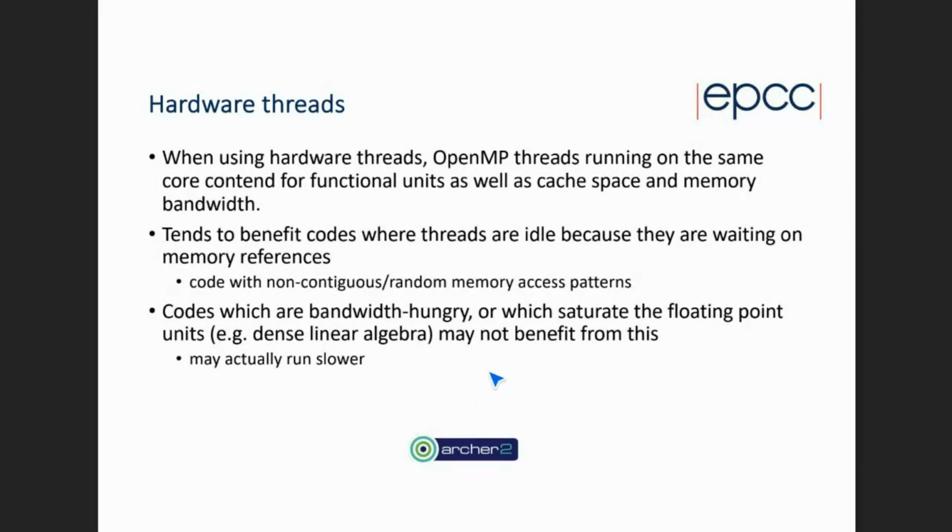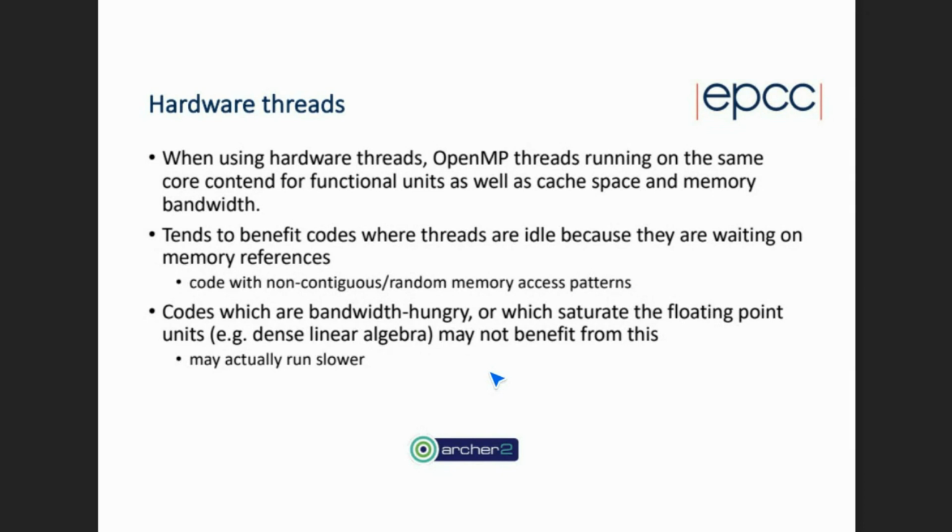Codes which are bandwidth hungry or which saturate the floating point units typically don't benefit from using hardware threads. They may actually run slower, because if you're going to use the hardware threads, you actually have to double the number of OpenMP threads or double the number of MPI processes. That's going to increase your other parallel overheads, your synchronization costs, and typically your idle time.